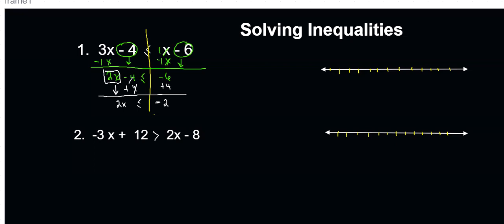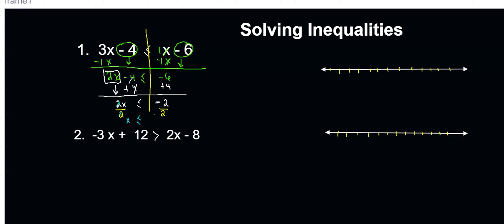I don't want 2 times x. What do we want? Yes, we want x. They're timesing, so we're going to divide. And whatever we do to one side, we have to do to the other. So when I do that, 2 divided by 2 is 1. I'm left with x. I'm going to bring down my inequality just the way it is.